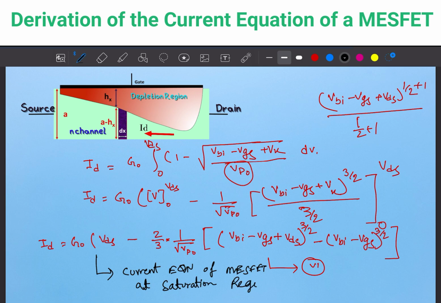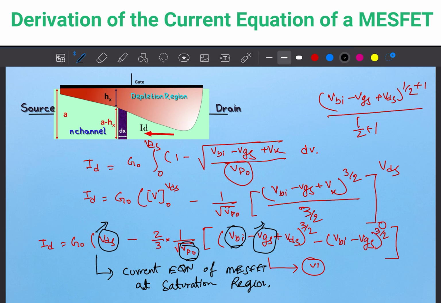Here you can see the output current, or the drain current ID, depends on the value of VDS, the value of pinch-off, the value of VGS and VBI, right? In a practical circuit, VDS we can vary, VGS we can vary, and VBI and V pinch-off are constant for a particular MESFET.